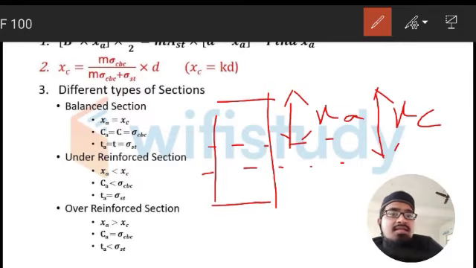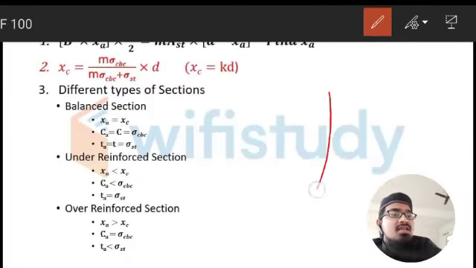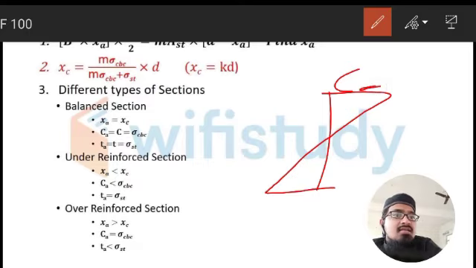That is what the depth says for under reinforced sections. And CA will be less than sigma CBC. We have drawn that the stress diagram will be like this. So here CA will lie.